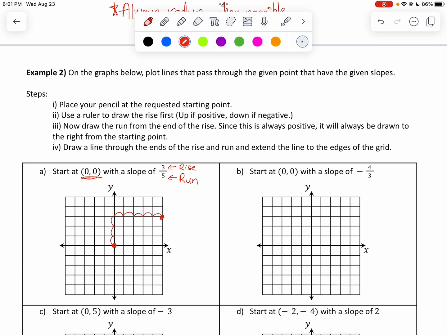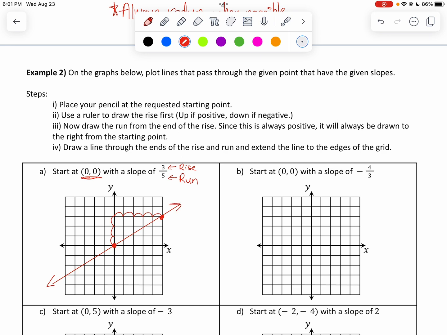To help us line up, we have our ruler. So make sure that you grab a ruler and use it to help you draw your line. We only actually need 2 points to connect our line, so we can simply connect these 2 points and draw out our line just like that with our arrows on the end.